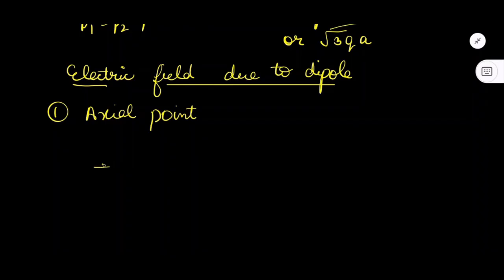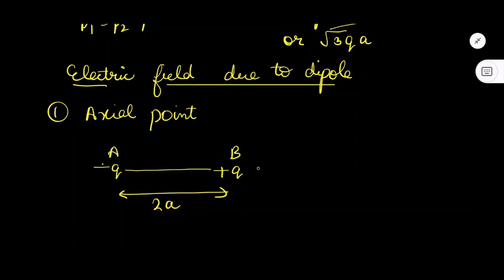Suppose I have a dipole, minus q and plus q, separated by some distance, let me call it 2a, so that our calculation will be easy. Let it be at point A and let it be at point B, and we have to find the electric field at some distance P, on the x-axis. The point is on the axis, so we say it to be an axial point.